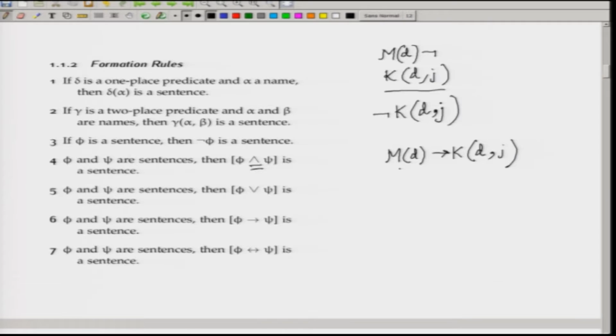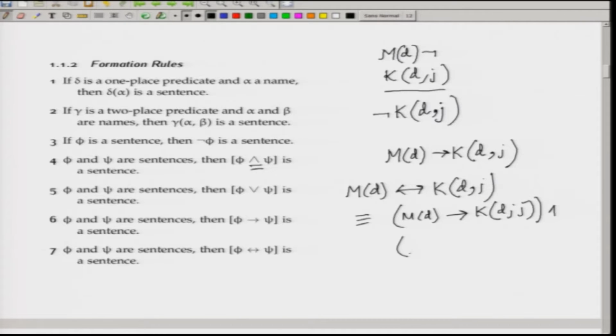And the last one is actually a combination. So when I write MD both-side arrow K D J, basically this is equivalent to saying that MD implies K D J, and at the same time K D J implies MD.